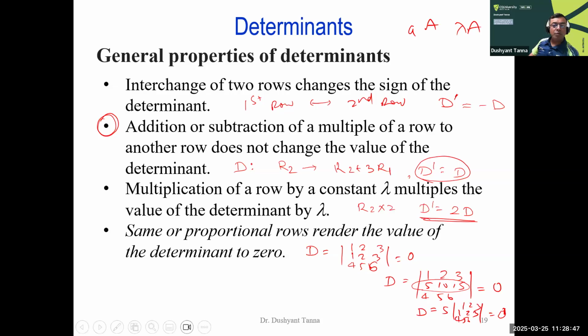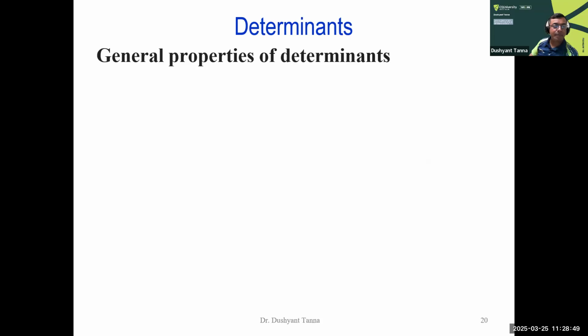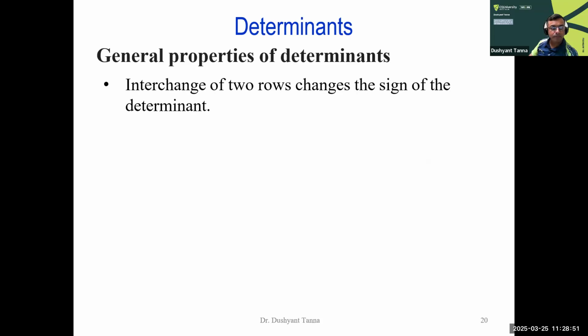Right, let's look at some row operations. Let's pick an example of each. Interchange of two rows changes the sign of a determinant. We can pick a general example like A, B, C, D, E, F, G, H, I. If that's not fun, let's pick a numerical example because we can connect to that very easily.